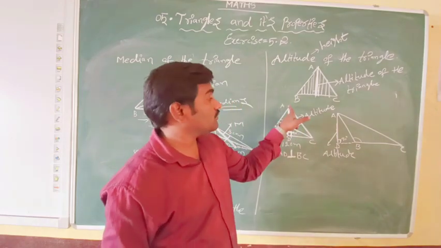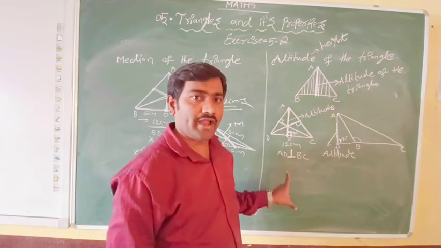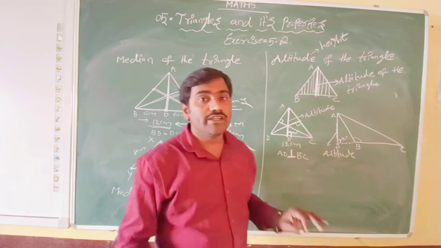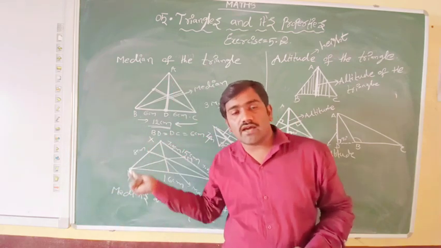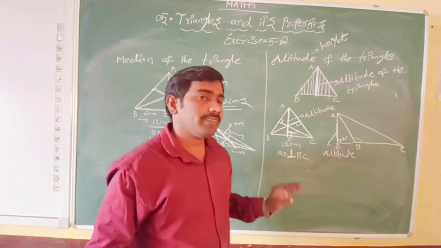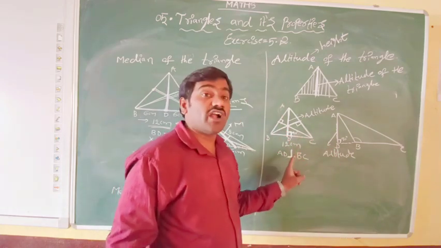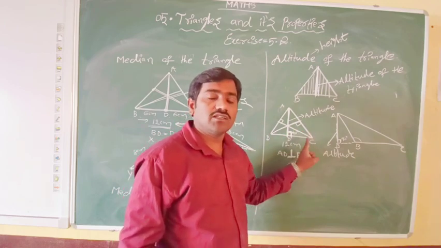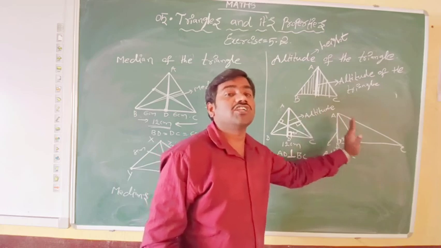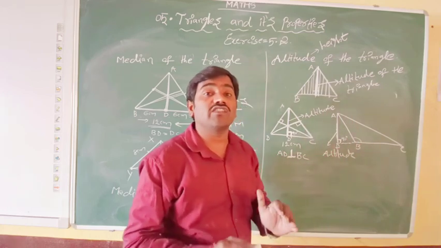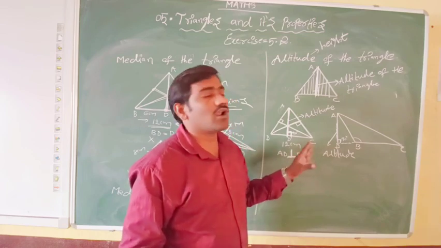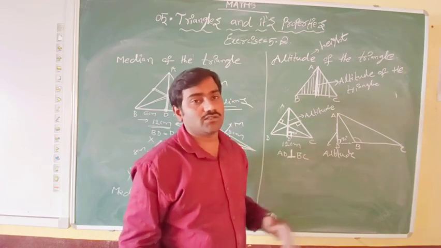From the vertex to the opposite side, a straight line, nothing but a perpendicular, is known as an altitude. Here medians are always interior of the triangle, hence only 3 medians are possible. Here the altitude is not always interior of the triangle. Sometimes they may be interior and sometimes exterior, based on the shape of the triangle. And we can draw a maximum of only 3 altitudes here also.